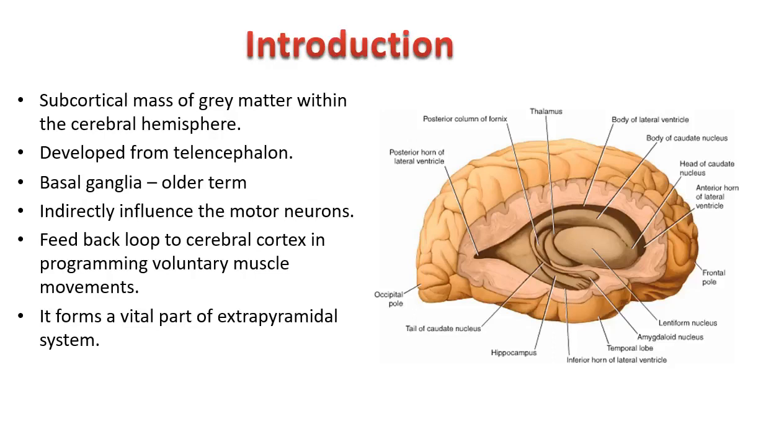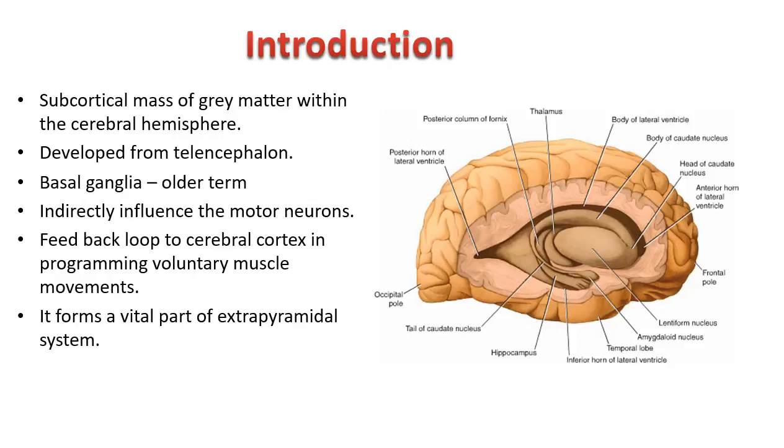And here you should remember one more thing. One of the major parts in bringing about smooth coordination of muscle movements is also the contribution from the cerebellum, because the cerebellum also sends information to the cerebral cortex.